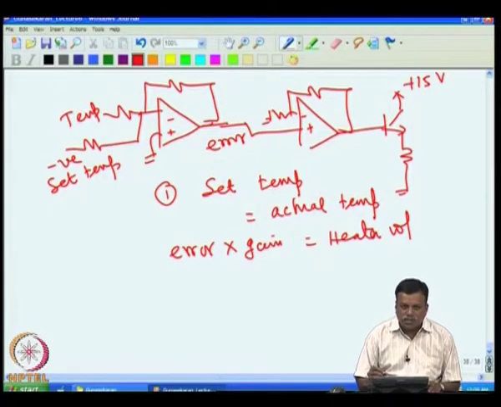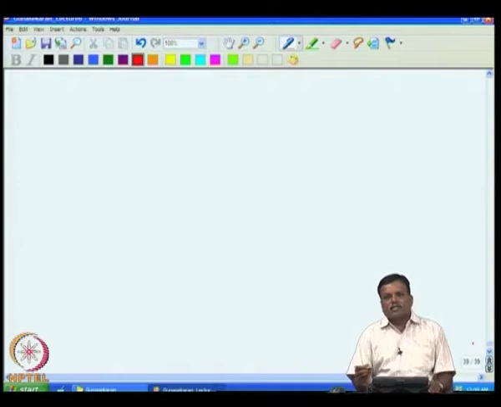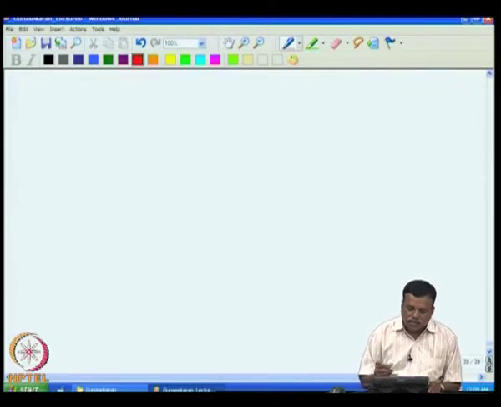So, how to reduce this error voltage? That is where the proportional plus integral controller comes into the picture, and this is a really great invention. It was invented by practicing engineers practically implementing this in many control systems.